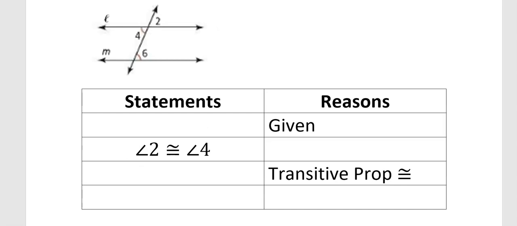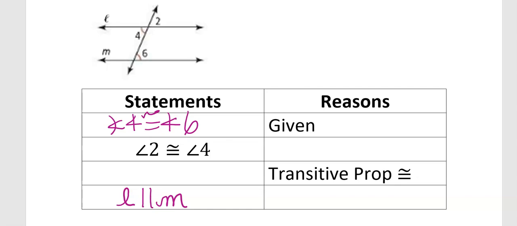So at the end, we are trying to show that line L is parallel to line M. And at the beginning, they have angle 4 congruent to angle 6. So right now, even if that's all you knew how to do, you'd get 3 wrong versus 5 wrong. And we'll go from here.